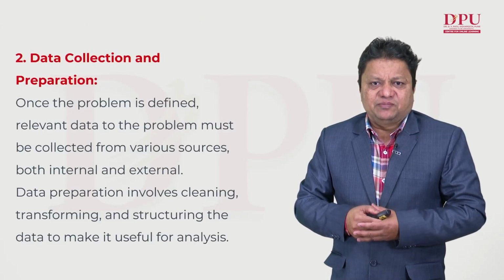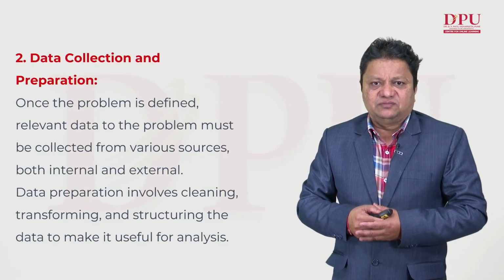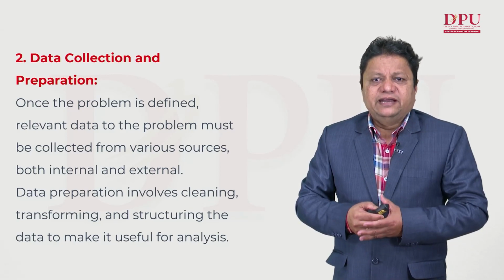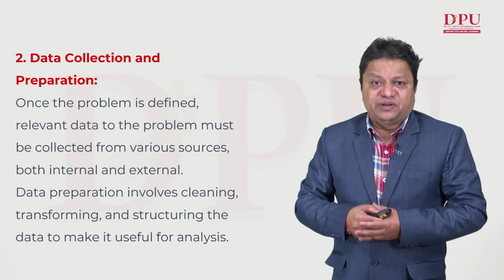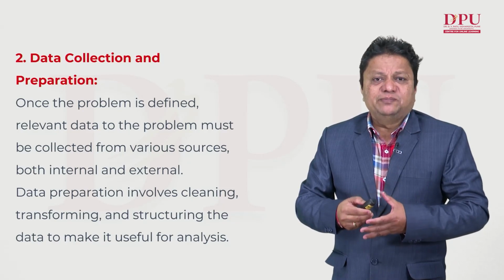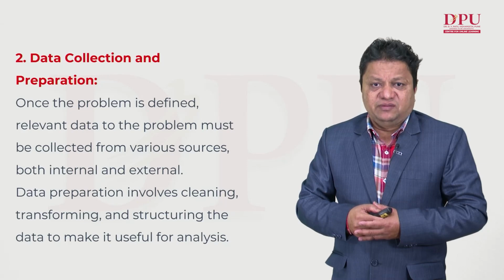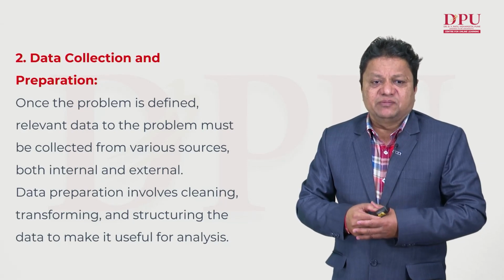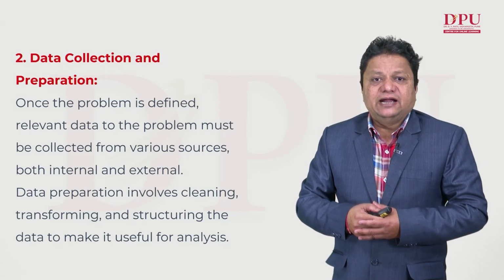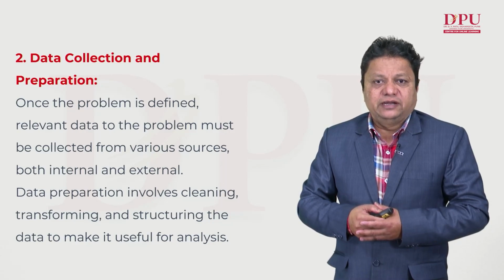The second step of analytic process model is data collection and preparation. So, once the problem is defined clearly, precisely, the second step is to collect the data and prepare the data for data analysis.